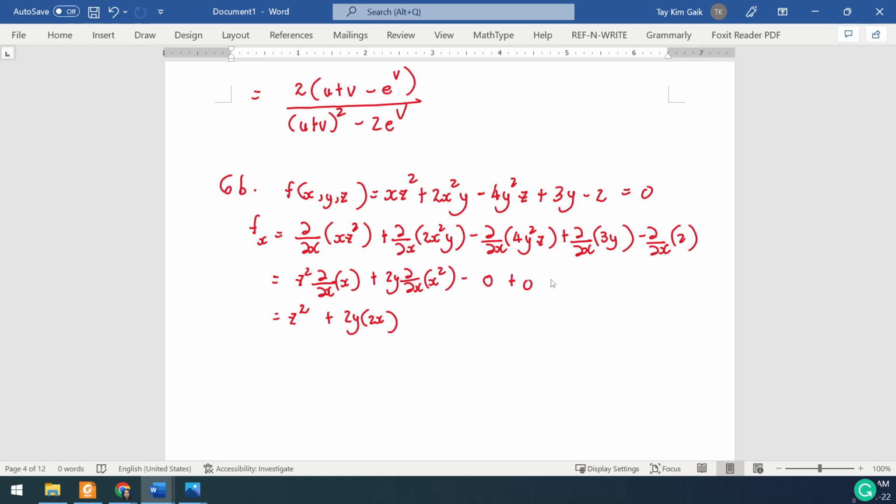Del x of 2 is also constant. So the answer is z squared plus 4xy.